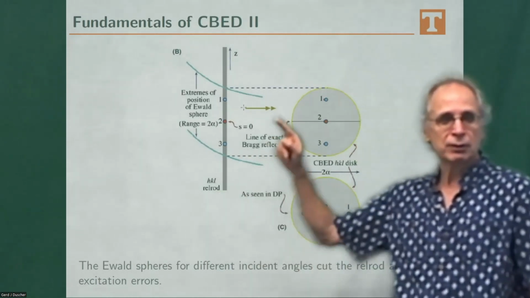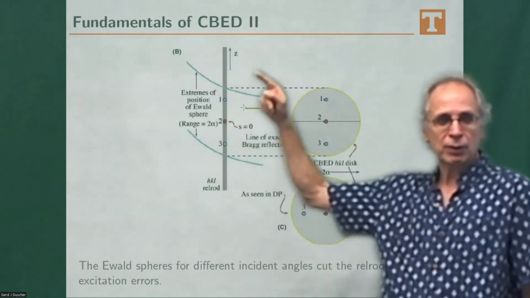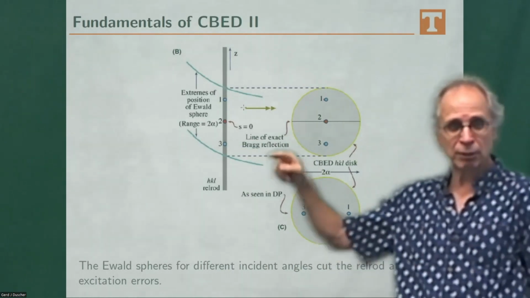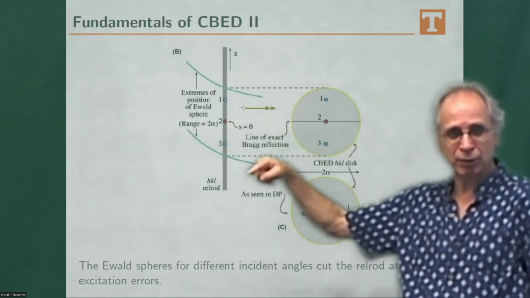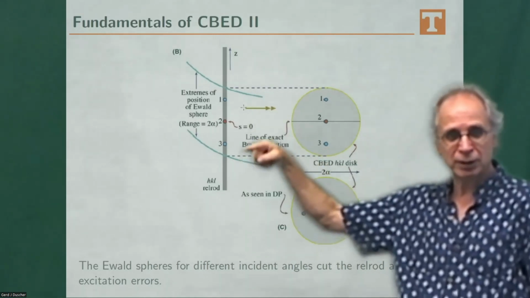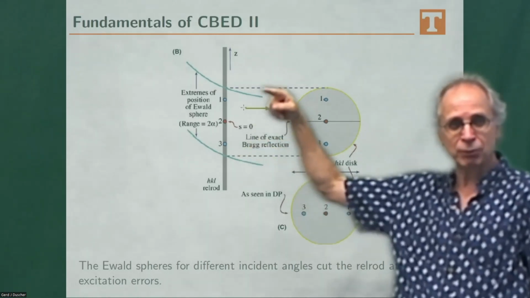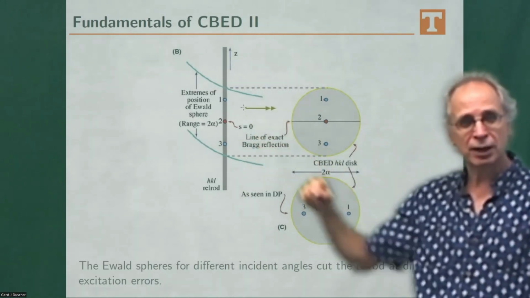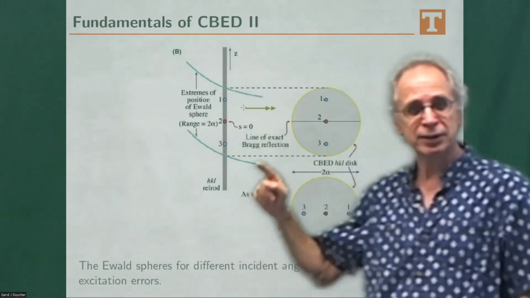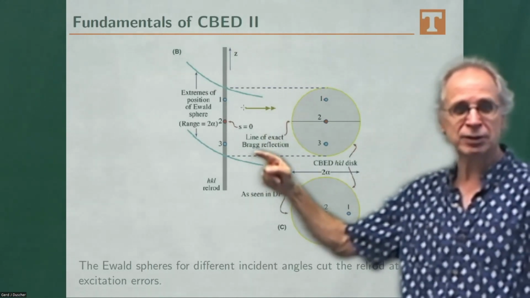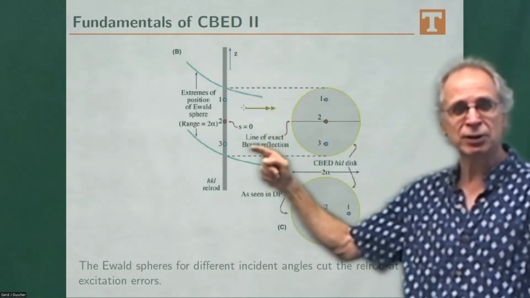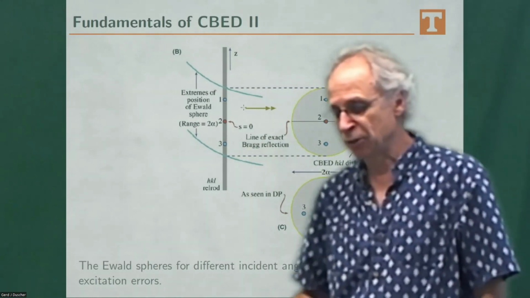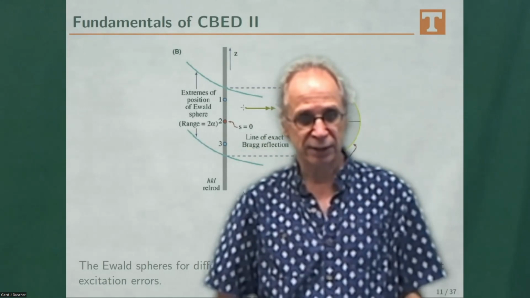So we use the different excitation deviations in our Ewald sphere, our converged beam deviations, right? And we have excitation error. As I said, going down is positive, going up is negative. And so in our disks, we have now excitation errors, positive and negative.